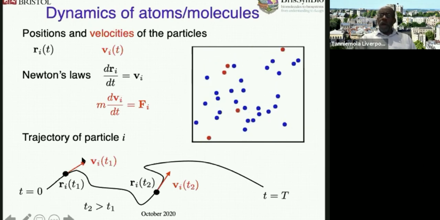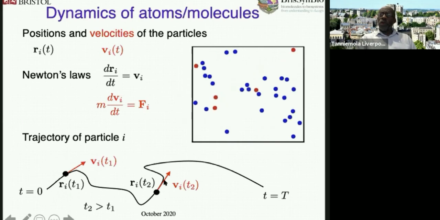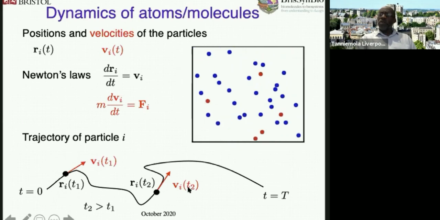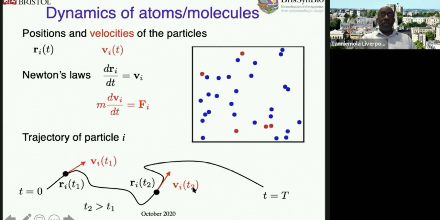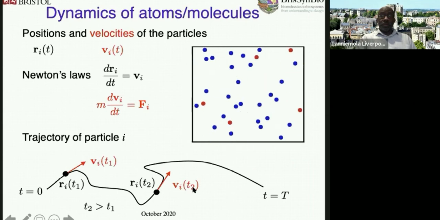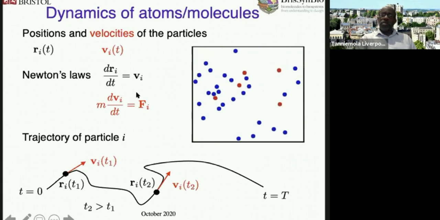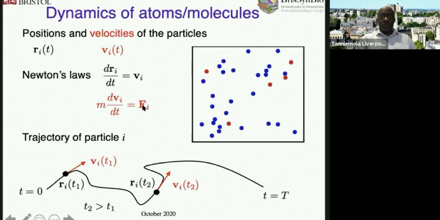So the question is, how do we decide how the particle changes direction? It must change direction because of forces.